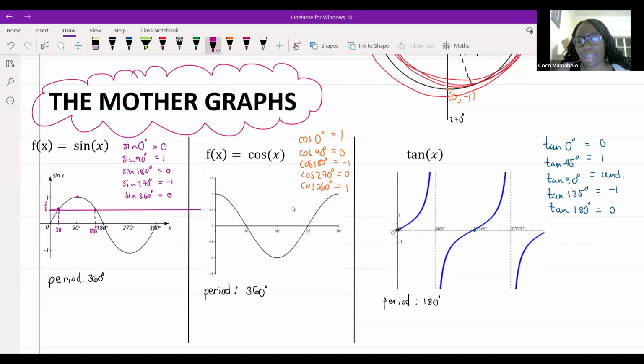But remember, this graph could go one revolution, and then another revolution, and then another revolution. So if I went here and kept going on this graph, that's the same thing as 360 plus 30. So punch into your calculator sine of 390 and tell me what answer you get.